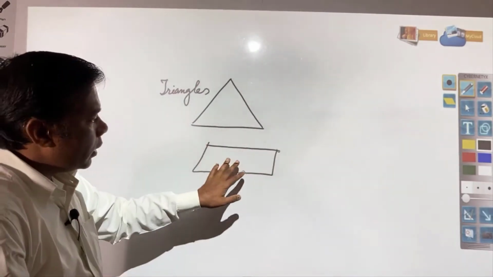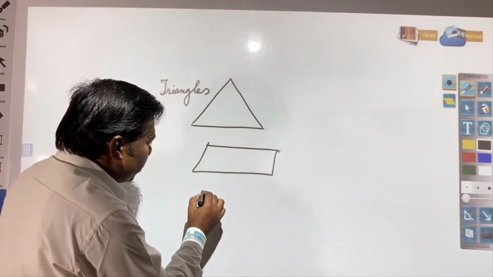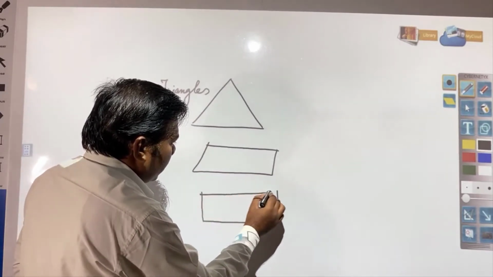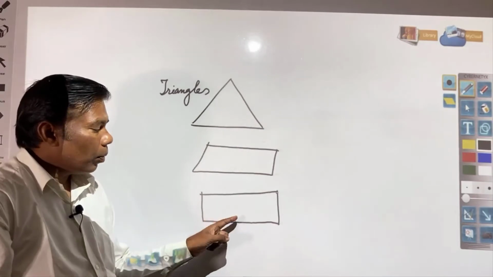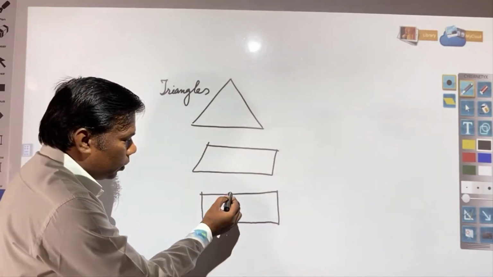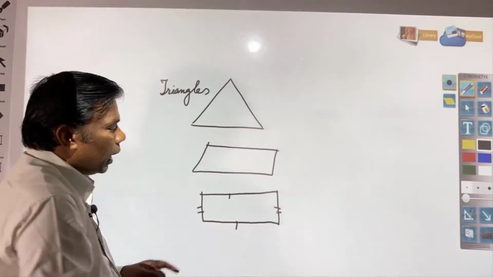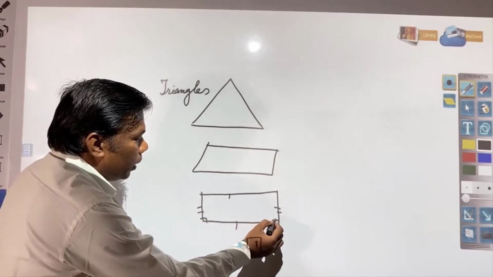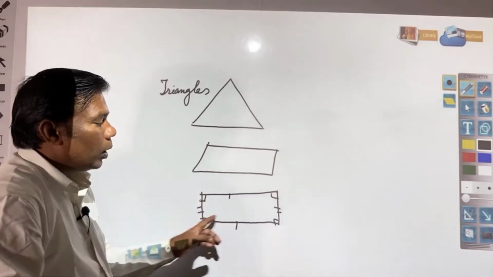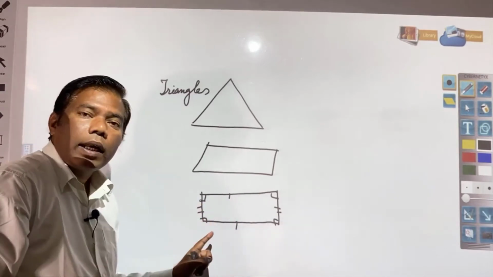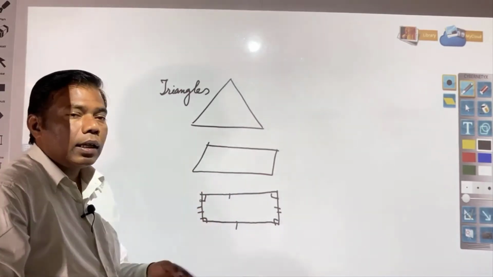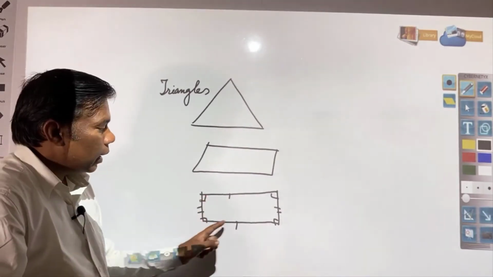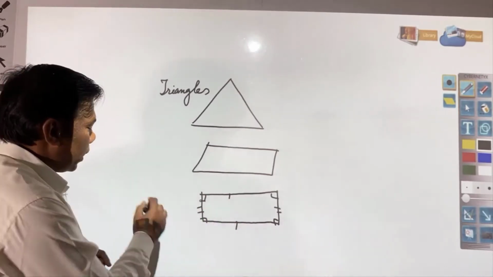This is a quadrilateral, but a rectangle is a quadrilateral having opposite sides equal and parallel, and each angle will be 90 degrees. Not only parallel, each angle should be 90 degrees. So what you will remember: a rectangle is a quadrilateral having opposite sides equal and each angle of 90 degrees. This is called a rectangle.